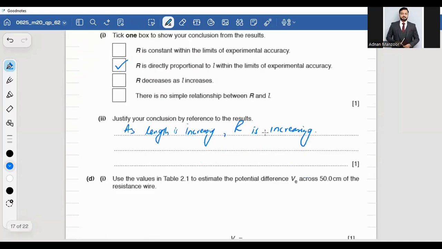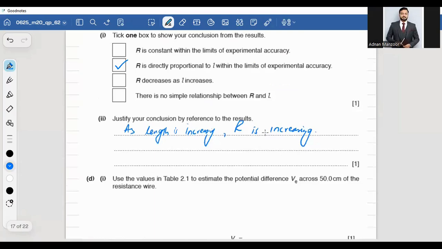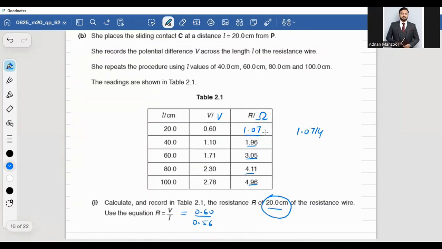Use the values in table 2.1 to estimate the potential difference across 50 centimeters of resistance wire. Okay, right. At 50, it was missing. So you have to find out the value in between, right? That is a very easy one. How can you work out that value?